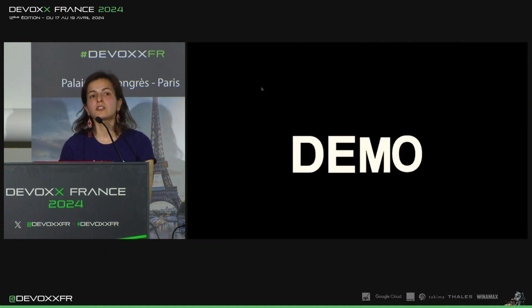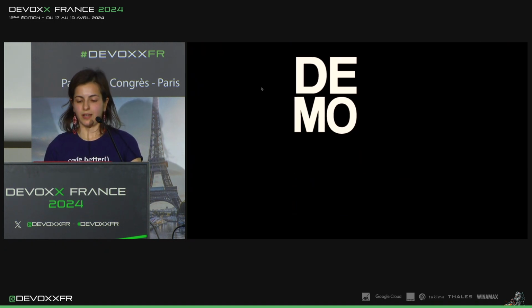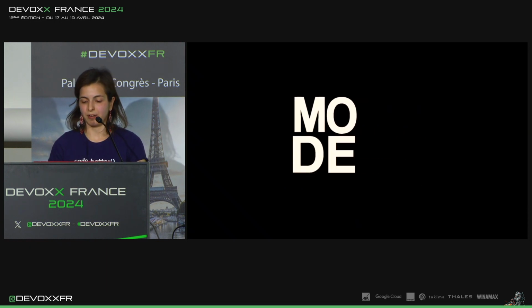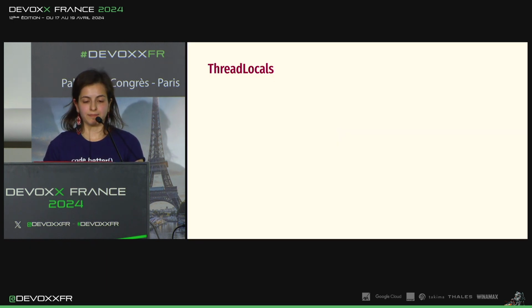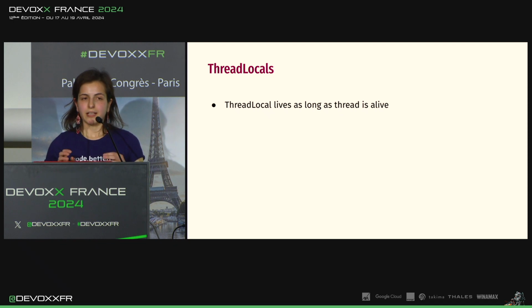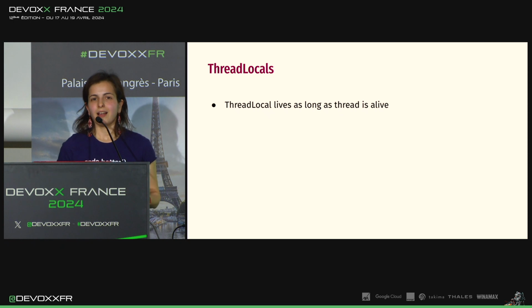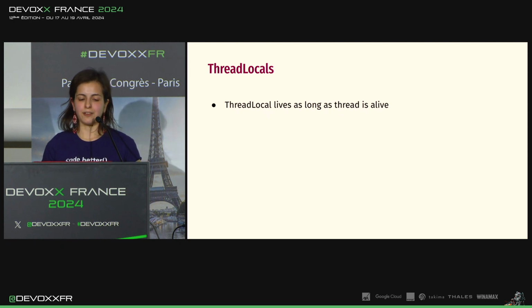So now we found the fourth possible problem that could lead to a memory leak. These are thread locals, and thread locals live as long as a thread is alive. If you created a thread, ran it, and then it disappeared, that's perfect. But if you're using some execution service or thread pools, like people usually do, it means that you have to manually set and unset thread locals, because otherwise they will be there.